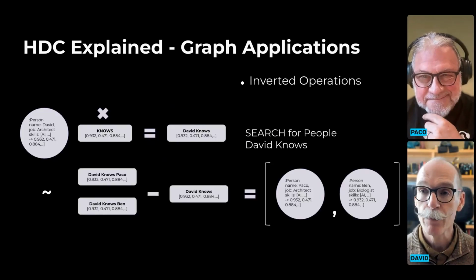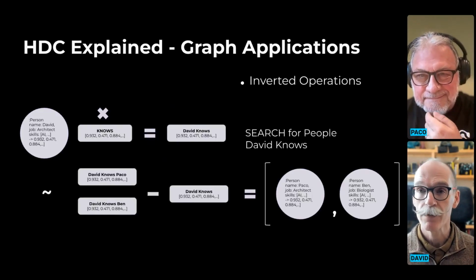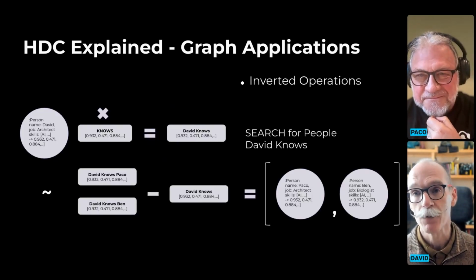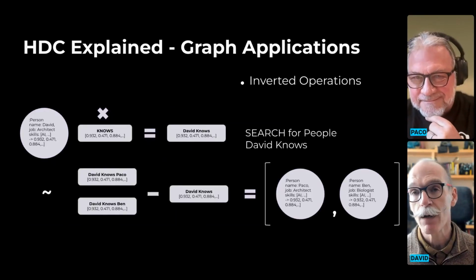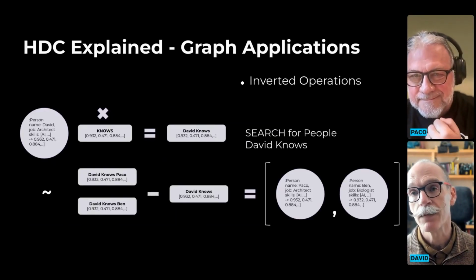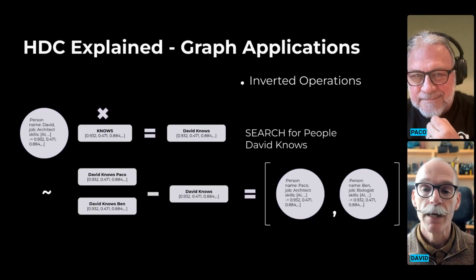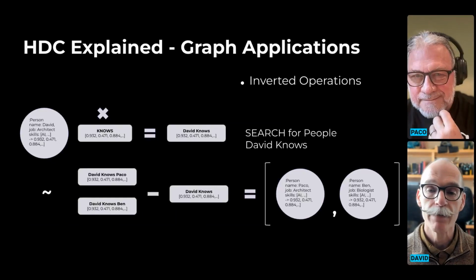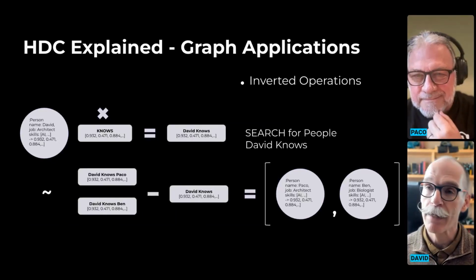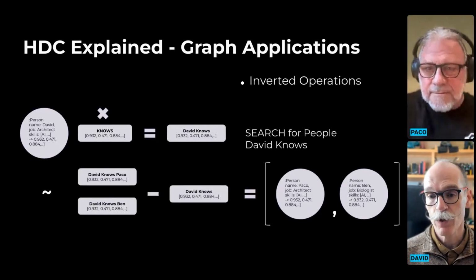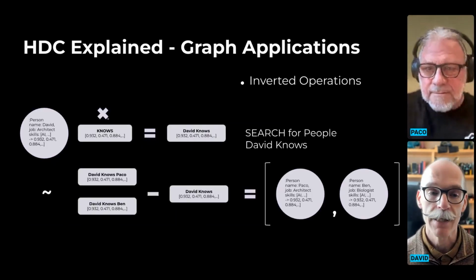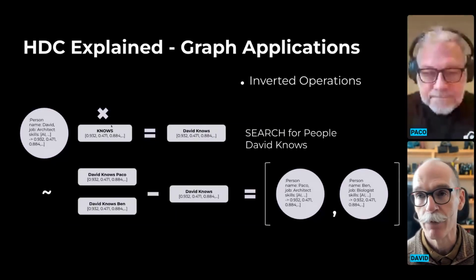And I can do it very performantly because these are just hypervectors and doing matrix applications and cosine similarity. And I'm going to find all of the hypervectors that are similar that incorporate concepts like David knows. There's a lot of things David knows, but it's going to bring back all of those because at least a portion of that triple is the David and the knows hypervectors.